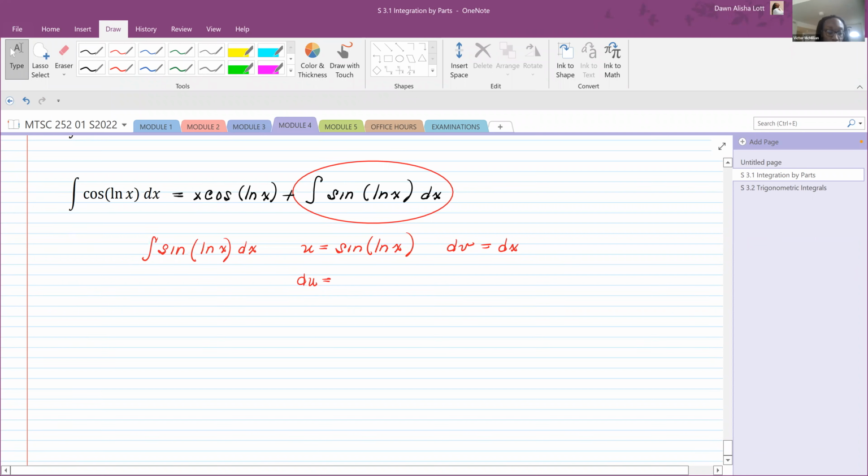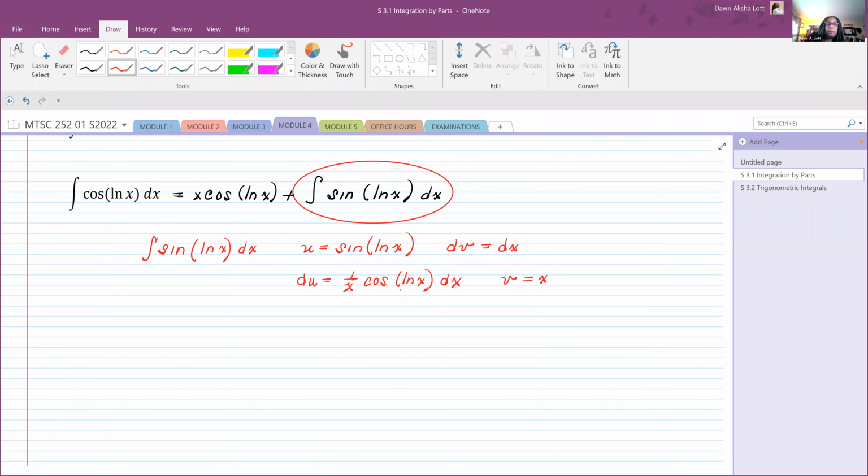Would it be 1 over x times cosine of the natural log of x dx? That's excellent. The derivative of the outside function is cosine, and we have to take the derivative of the inside function, which gives me 1 over x.